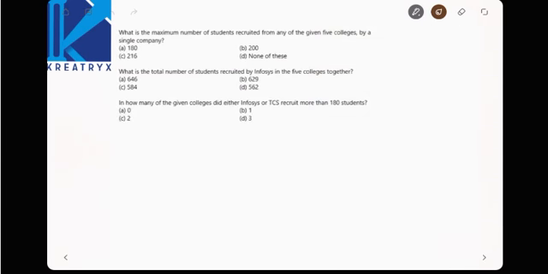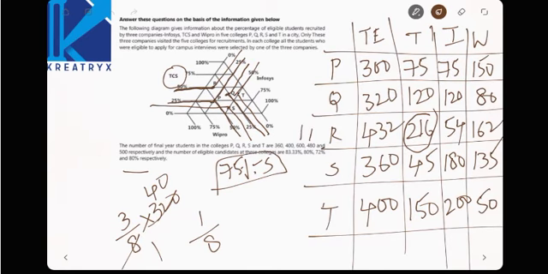Now got the thing. What is the total number of students recruited by Infosys in the 5 colleges together? So you have to add all the things, right?